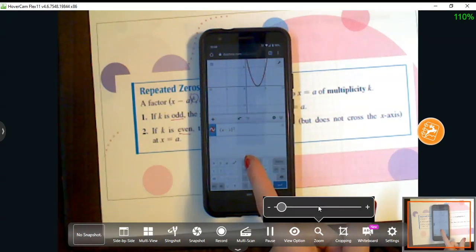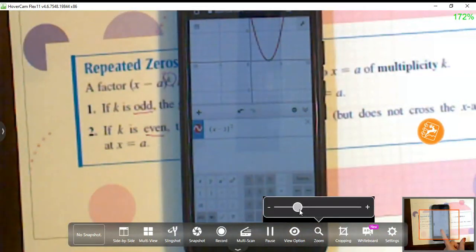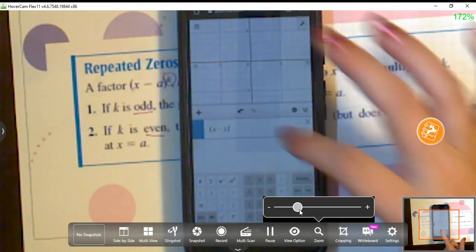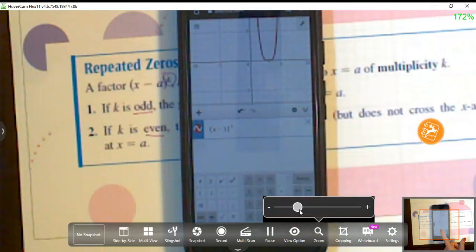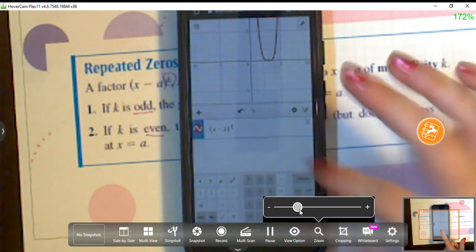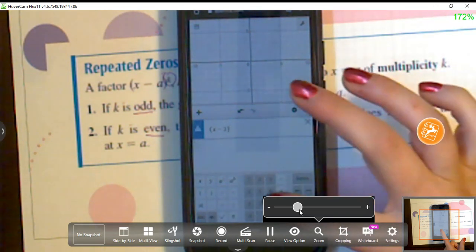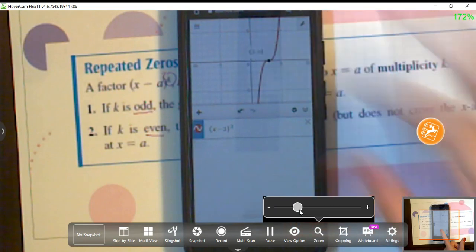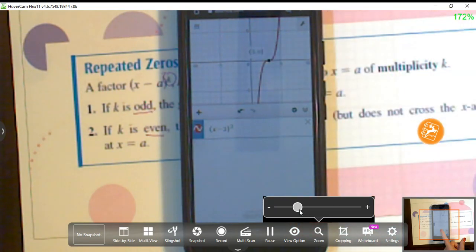So because it's squared, it touches the x-axis and doesn't do anything else. Now notice if I change that squared to, say, a fourth, it still touches the x-axis and then comes back up. But notice if I change it to a 3, now it crosses the x-axis, or in other words, it goes through the x-axis.